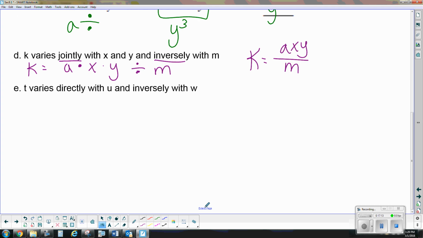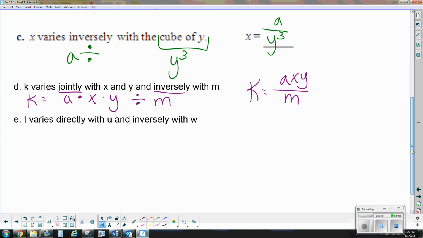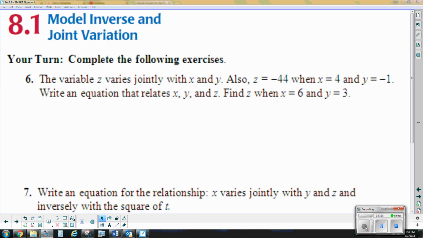And then our last example, t varies. So t equals directly, which means a times u, and inversely, which means division, with w. So t equals a times u divided by w.